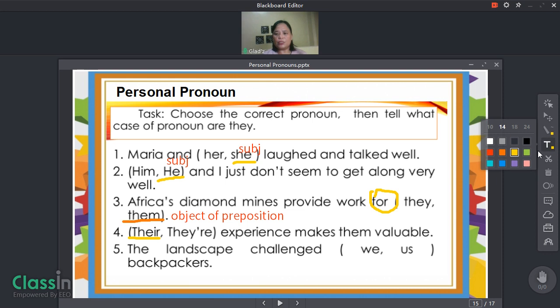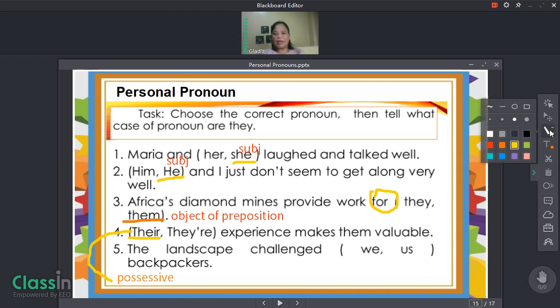It is used to show possession or ownership. So it means this is a possessive case of pronoun.